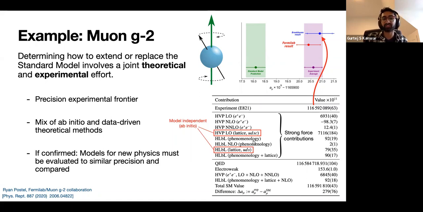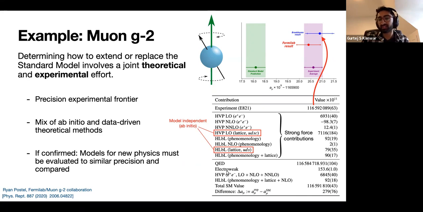And some of these are based on data-driven theoretical methods. And here by data, I mean experimental data-driven. So combining existing experimental results with, for example, dispersive or analyticity-based approaches to derive these quantities somewhat indirectly, but with different statistics and systematic errors associated with that.